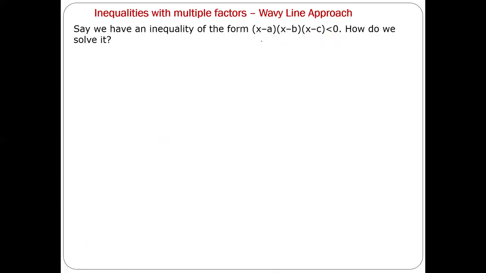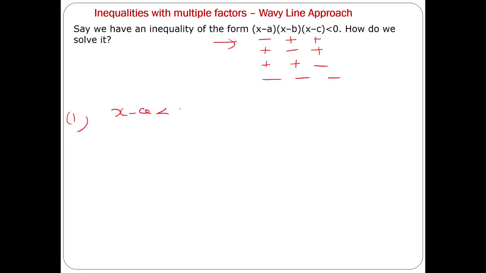When will it be negative? One is negative, other two are positive. This is positive, this is negative, this is positive. This is positive, this is positive, this is negative, or all the three are negative. Correct? So how many cases do we have to consider? Four cases. Case one would be what?